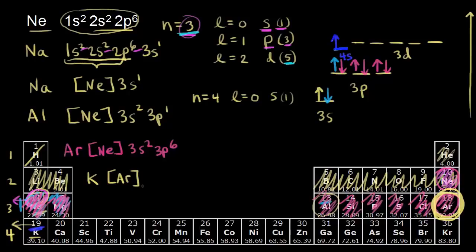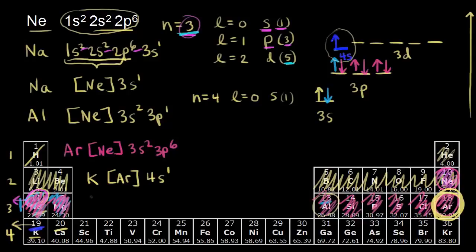That extra electron, that 19th electron for potassium, is going to go into this 4s orbital here. So we write the same electron configuration as argon, and then we write 4s and one electron in that 4s orbital, so we write 4s1. For potassium, one more electron.